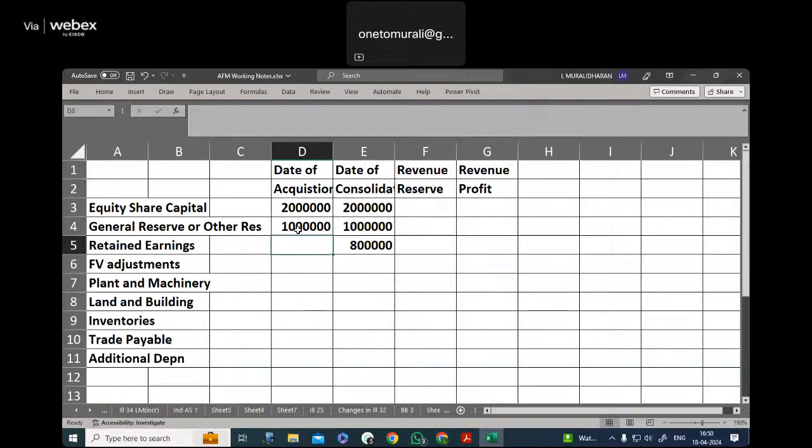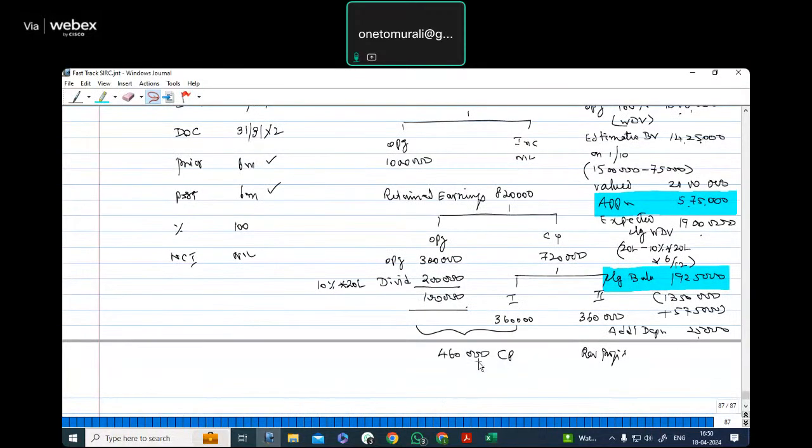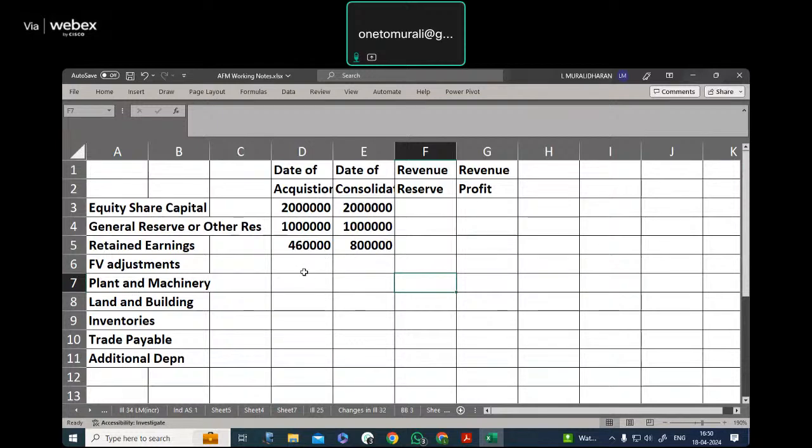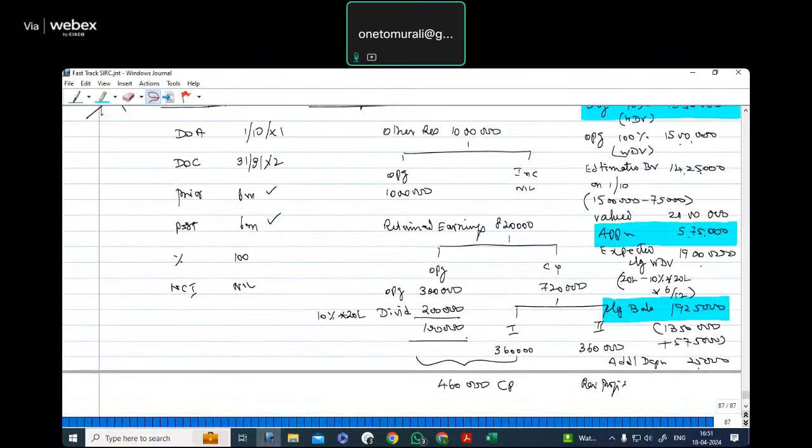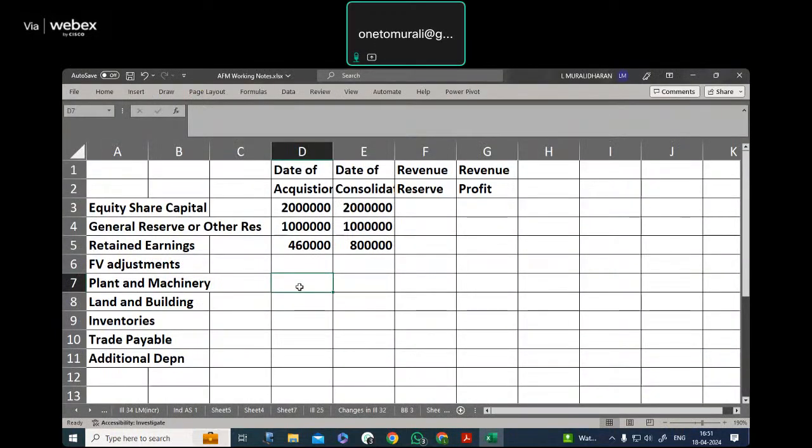So here, this is going to be 4,60,000. Remember that we have just done that work. 4,60,000 capital profit is this. Fair value adjustment for plant and machinery, you are having that adjustment 5,75,000. Additional depreciation 0 minus 25,000.